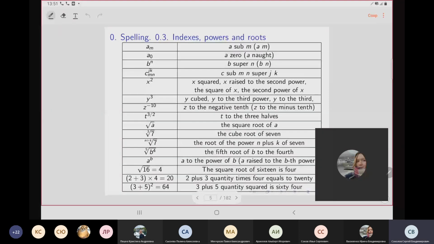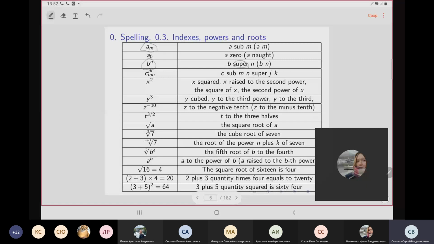Next, some indexes, powers, and roots. A sub m, or if there is only one index, doesn't matter lower index or upper index, we can say simply a m or a m-th. A sub 0. The upper index is pronounced as super, so b super n.